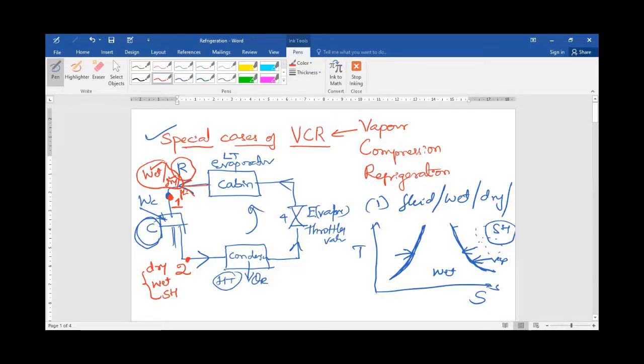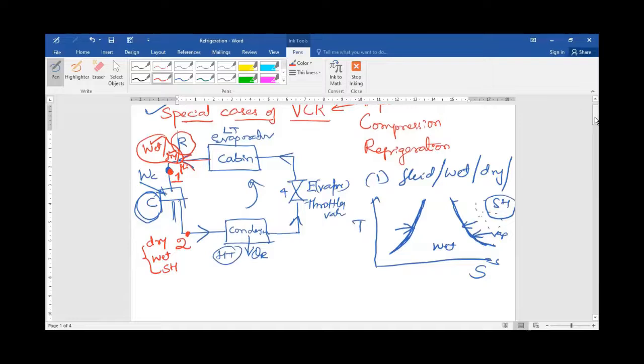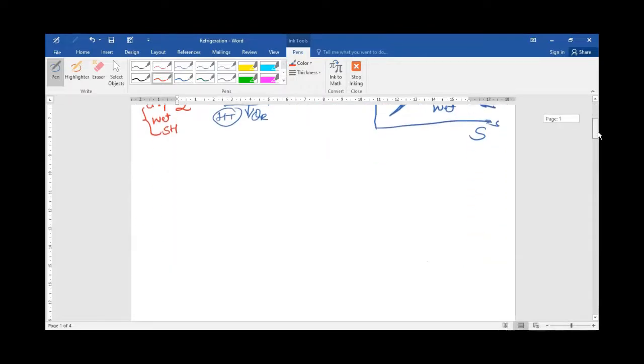If not, it will be very difficult to solve these numericals. Now I will assume the first case: the refrigerant at the inlet of the compressor is wet. What is my condition? Case number 1.